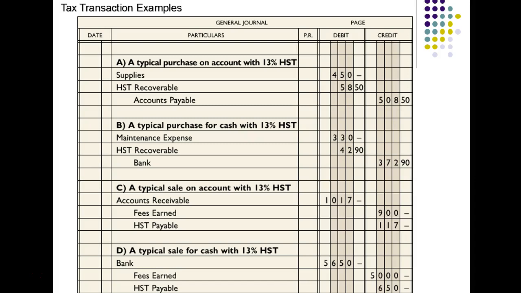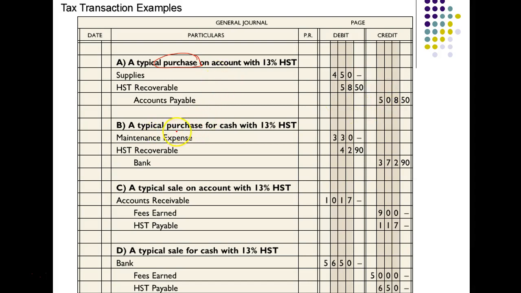Okay, so in your textbook, at the end of 6.3, you're going to have a chart that looks like this, and it's got the perfect HST example. Anytime you make a purchase on account, your transaction is going to look like this.